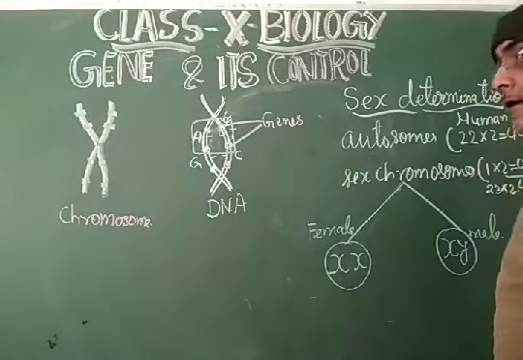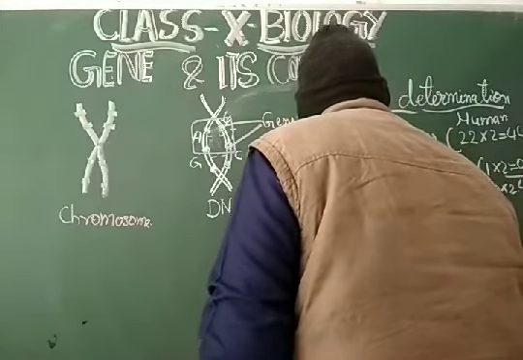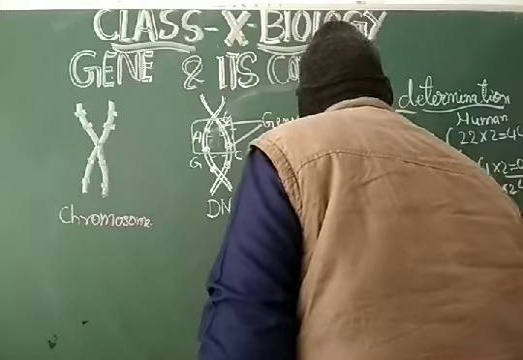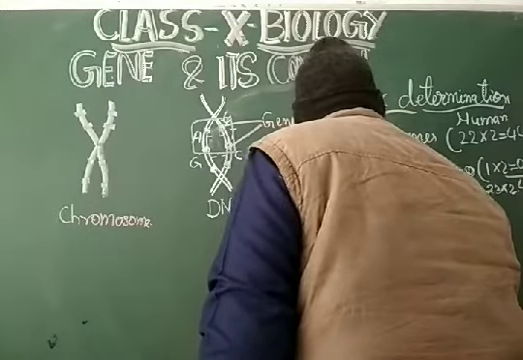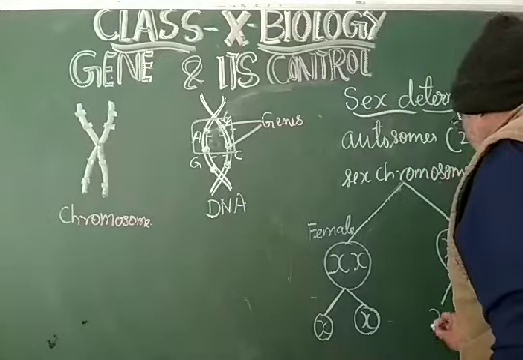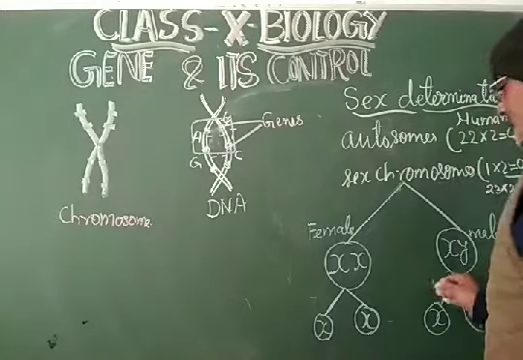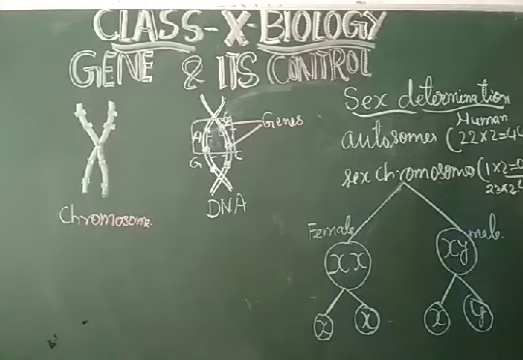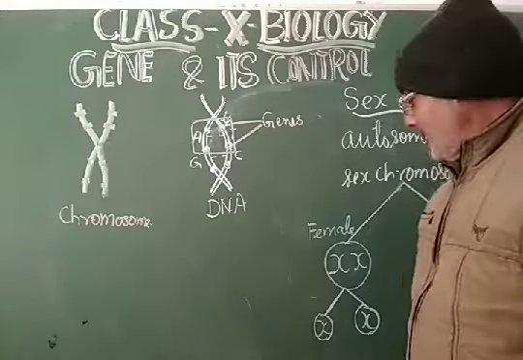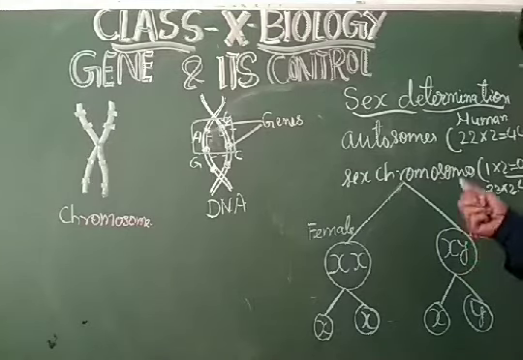What happens if gametogenesis takes place? Then there will be single gametes, having X, X, X and Y. So these are the different gametes of male and female, and as per Mendel's law of inheritance, these gametes are free to combine with any gamete of the opposite sex.